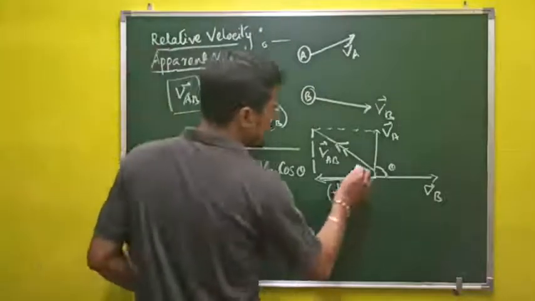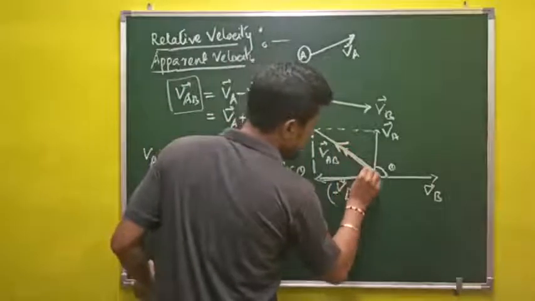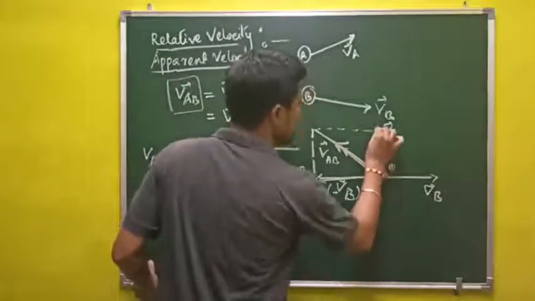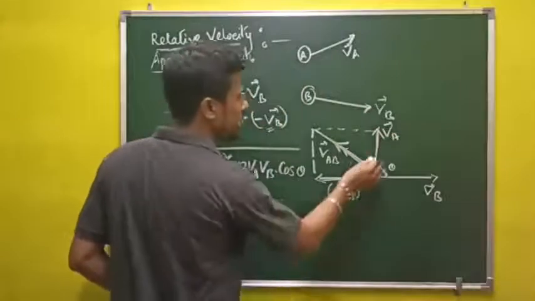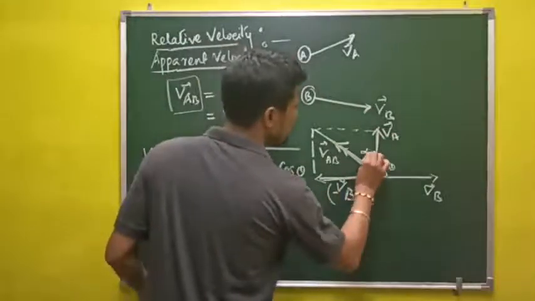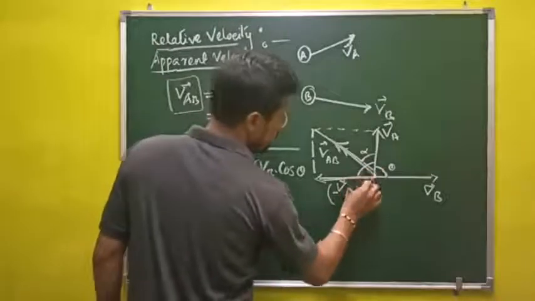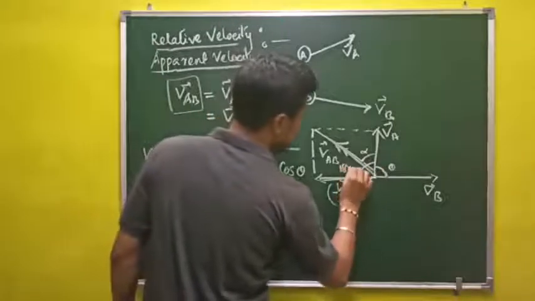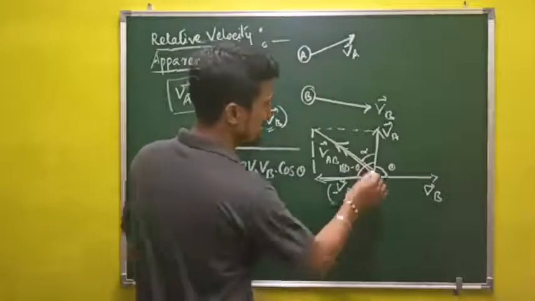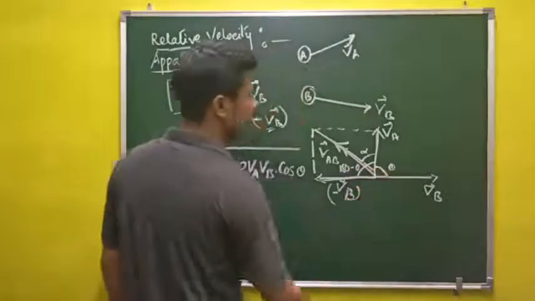Suppose the resultant vector makes an angle alpha with the VA vector. Then this angle will be 180 minus theta, because we have considered theta as the angle.